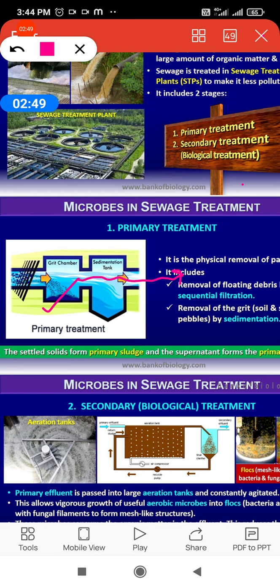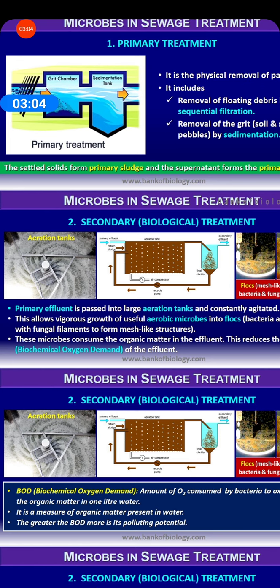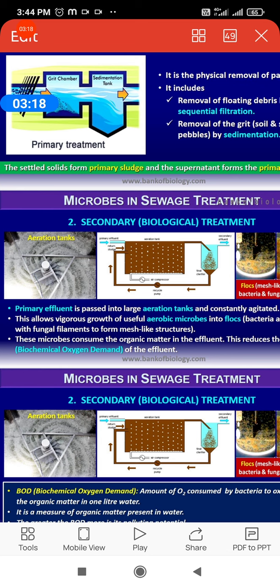The things like soil and pebbles get settled down, and the thing which gets settled down is called the primary sludge, and the supernatant above is called the effluent. Then the effluent is taken for the secondary treatment. You can see written here, the settled solid forms the primary sludge and the supernatant so formed is called the effluent, and the things which settle down are called the primary sludge.